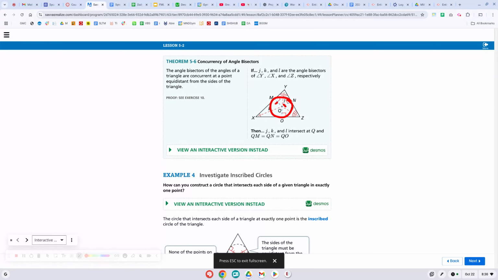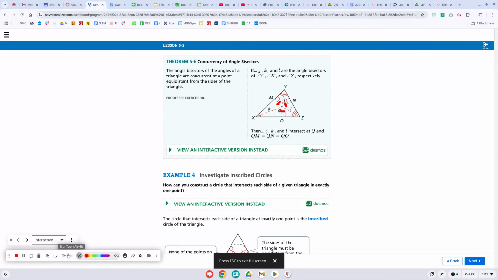Because look, these are radii. It's not supposed to be a sad face, just a circle. And so now look, because they're radii, these are all congruent. So that's what the angle bisectors do. They form three segments that are equidistant from the sides.